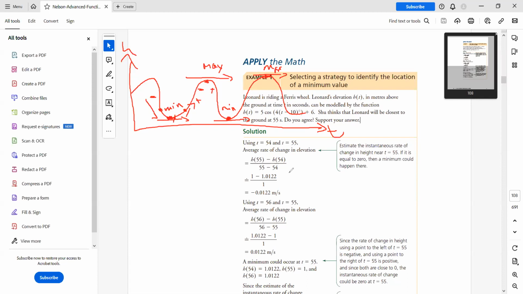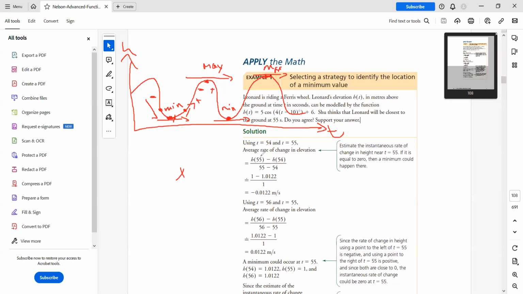And another thing, we have to check whether it's a special point or not, whether it's a local minimum or maximum, by testing the instantaneous rate of change at this point, as we did in the previous example. What we did is shrink the interval: we took some value that is extremely close to our point of interest, and that's how we estimated the instantaneous rate of change.